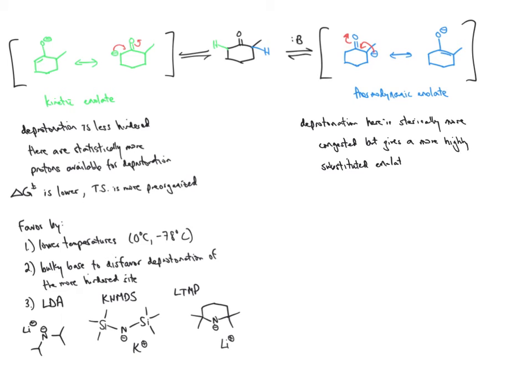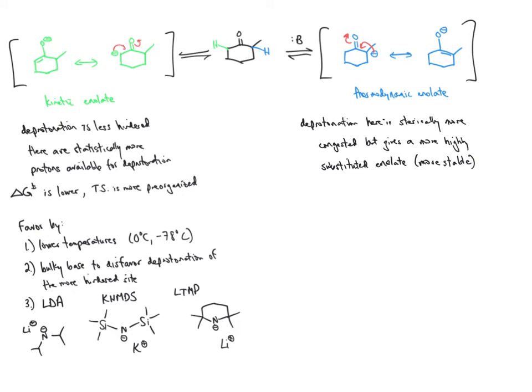And we know that enolates are kind of similar to alkenes in terms of stability. When they have higher substitution, they are, of course, more stable, and that's because of things like sigma donation and resonance. So it is true that deprotonation is more sterically congested, but if you could do it, it gives a more highly substituted enolate, which is more stable.